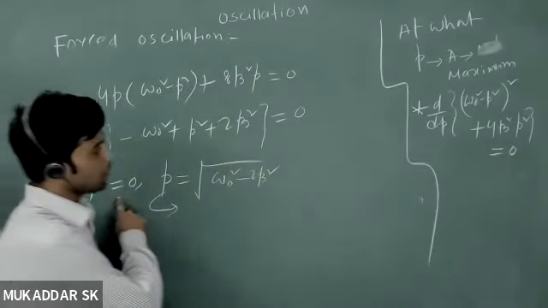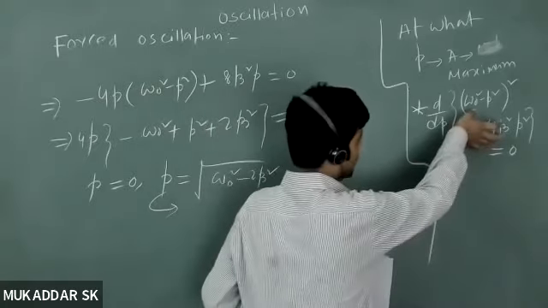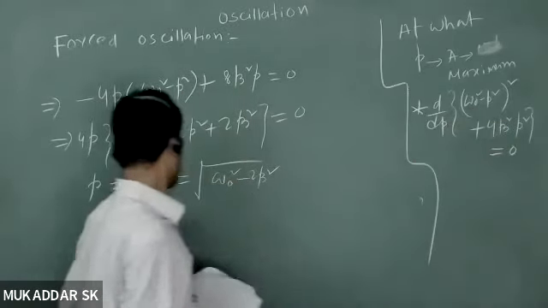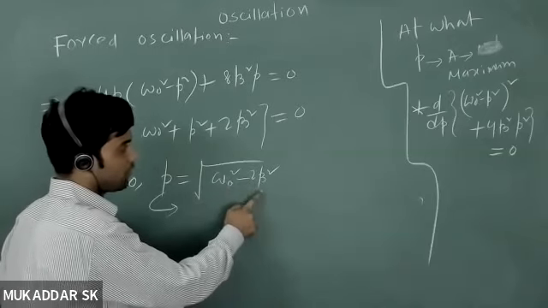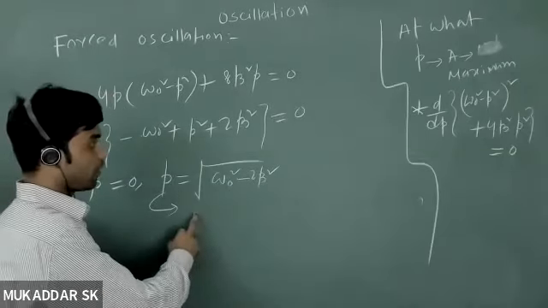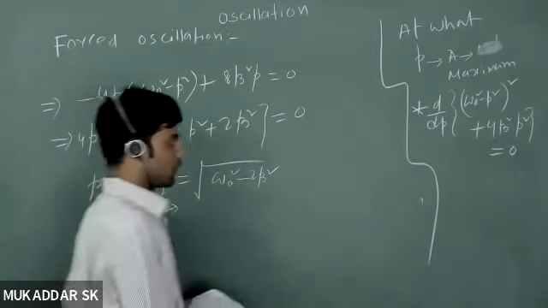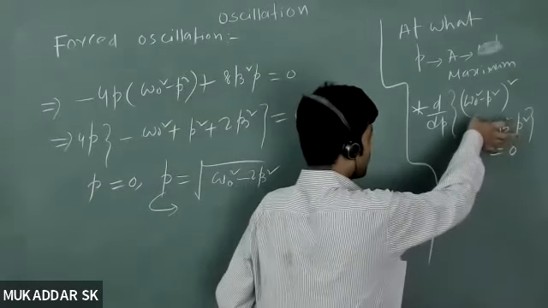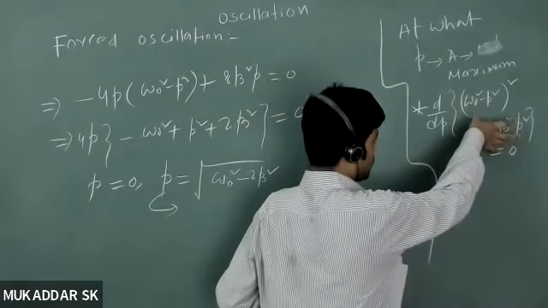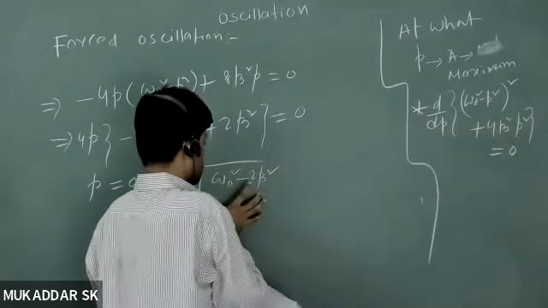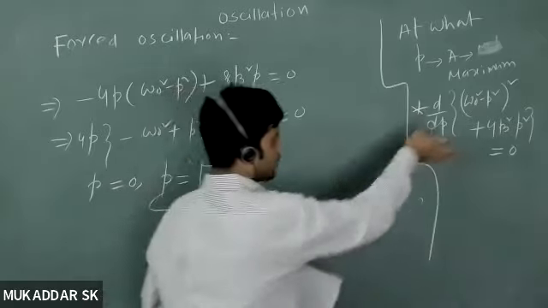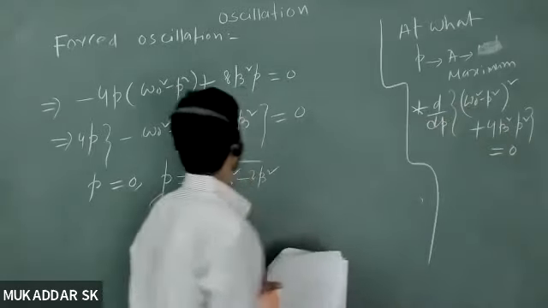At p equals 0, this function will have maximum value. When you substitute p equals the square root of omega naught square minus 2 beta square, the double differentiation of this function will have a positive value. It means at p equals this value, this function will have minimum value.